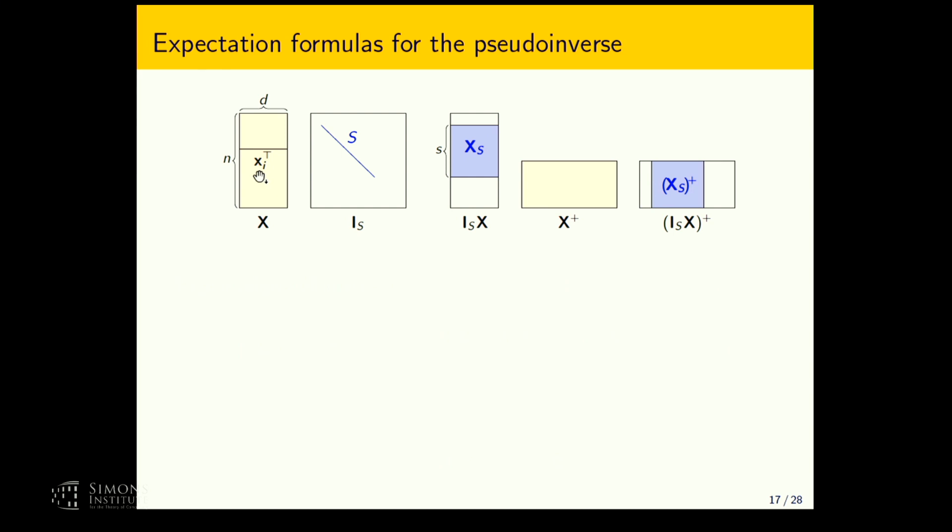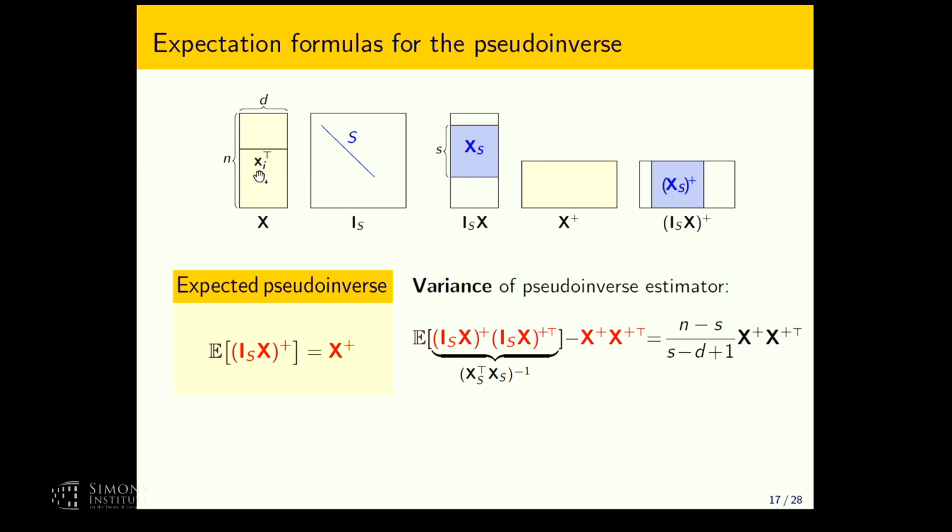Then we look at this I_S X plus matrix, the pseudo-inverse of I_S X, and think of it as an estimator of the full pseudo-inverse of X. It turns out this is an unbiased estimator. So the expectation of this matrix estimator I_S X plus is equal to X pseudo-inverse, entry-wise.